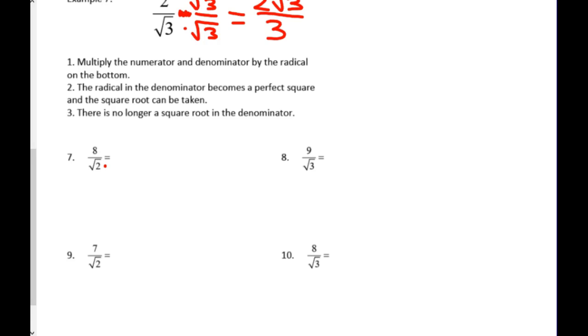All right, so what do I multiply the bottom by? Square root of 2. Do I do it just on the bottom? Okay, so on the top, 8 times square root of 2 is what? 8 square root 2. And on the bottom, square root of 2 times square root of 2 is what?